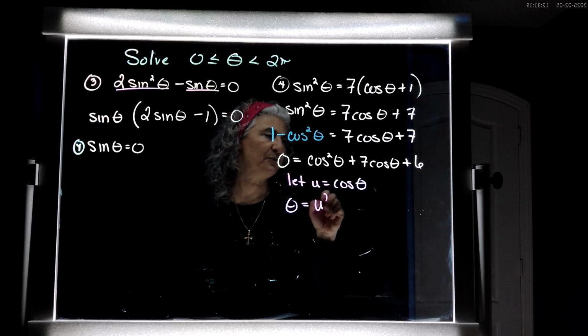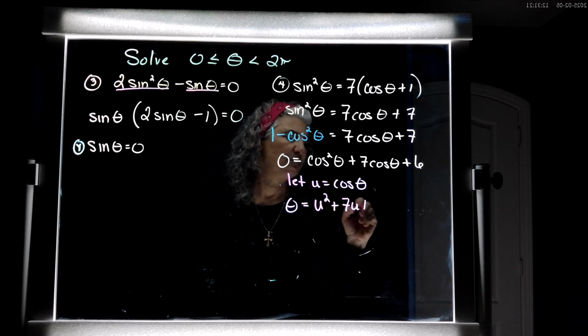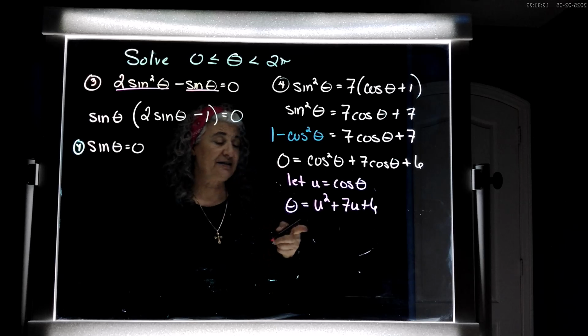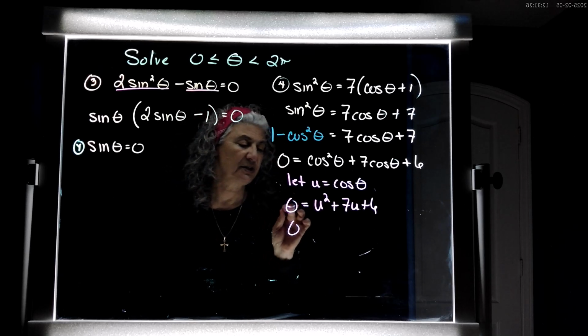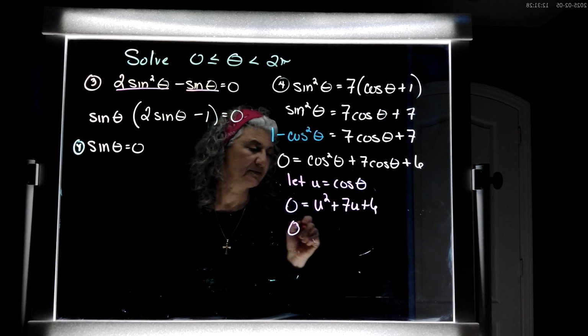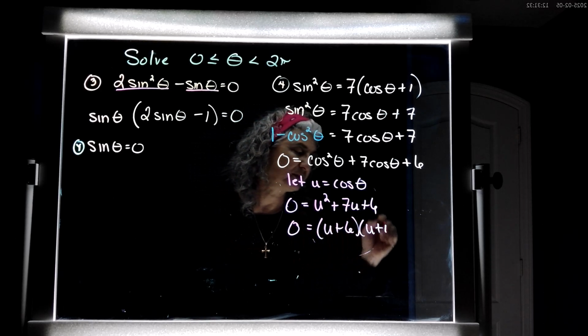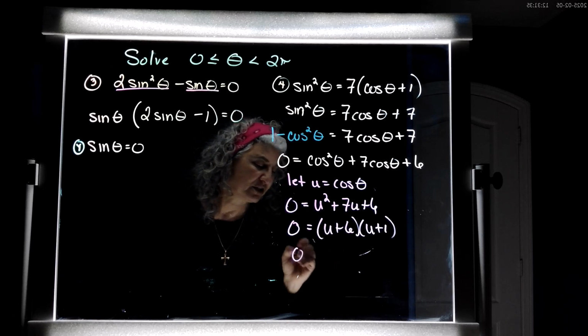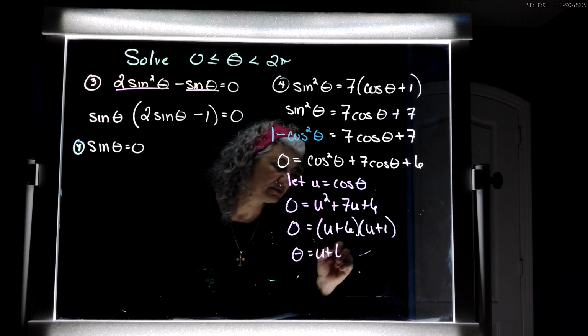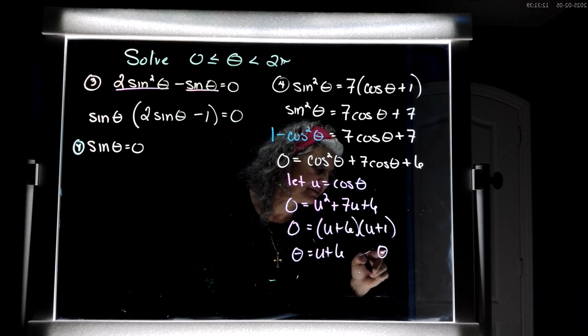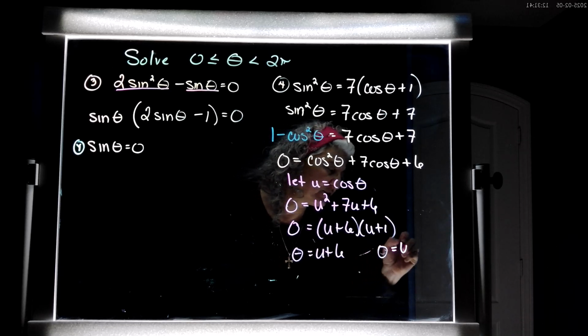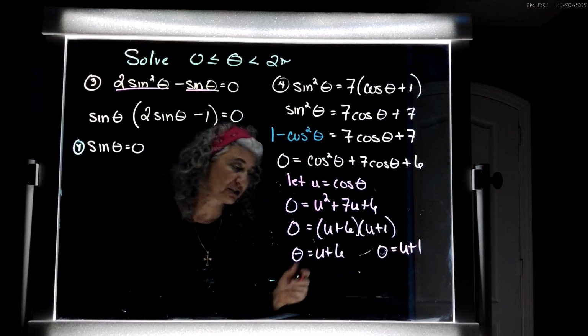So this would be U squared plus 7U plus 6 equals 0. Okay, that's easy to factor. Oh, and that's supposed to be a 0, pardon me. So U plus 6 times the quantity U plus 1. So set each equal to 0. Oops. It's too easy to write theta all over the place when you're done with trig.